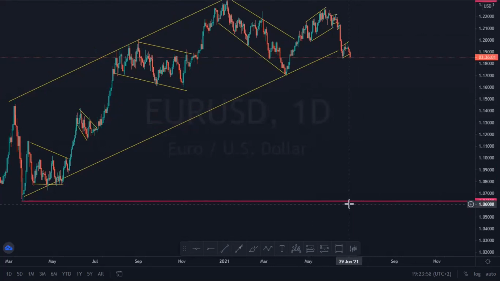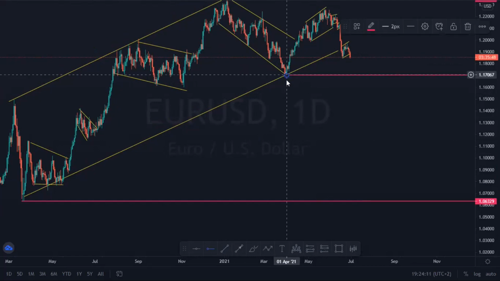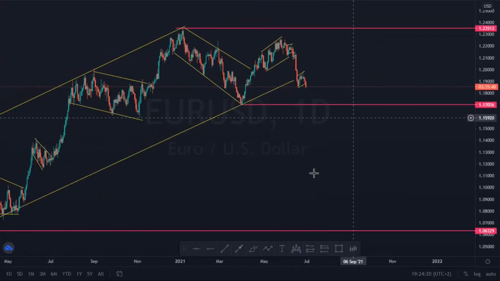If you have noticed, most of the trades that I say we must take come to our target, especially here. This is going to be our first target. If it passes, the next target is going to be here.